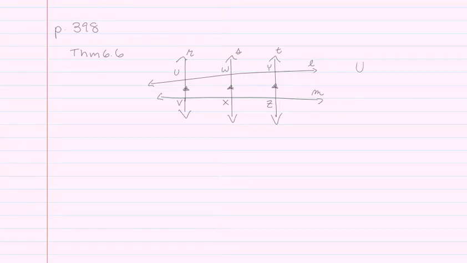So for example, I can take UW, so I'm on the top transversal. If I take that over WY, so left to right, so top, left to right, I need to move left to right again. So that's going to equal VX over XZ.